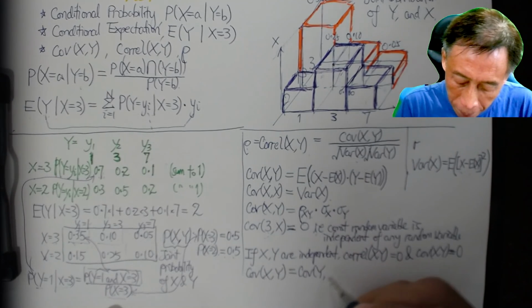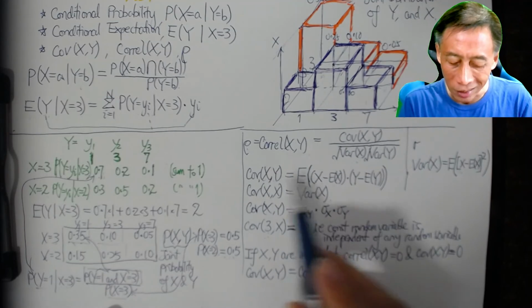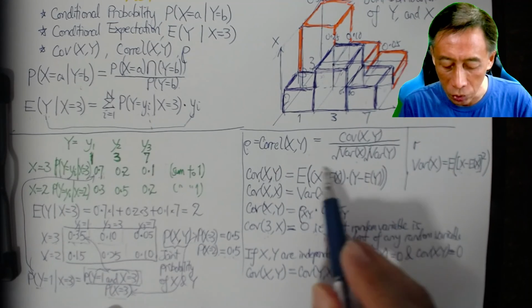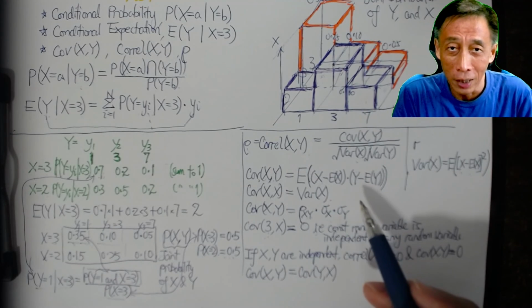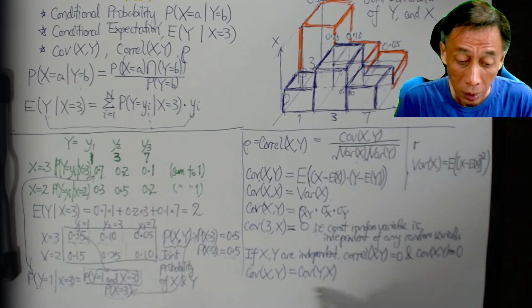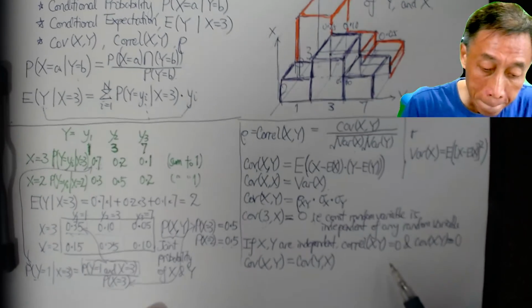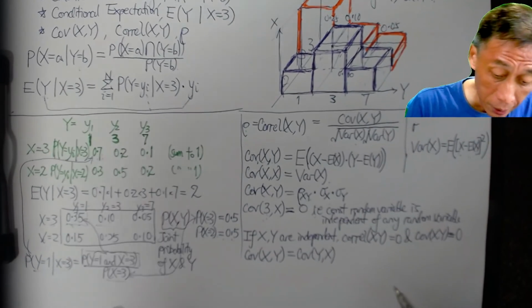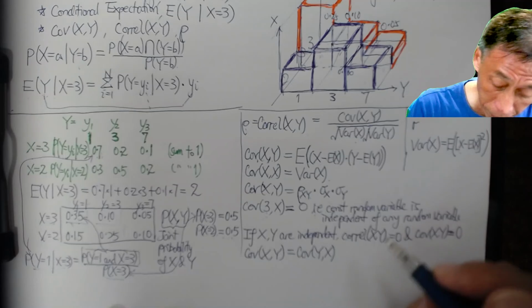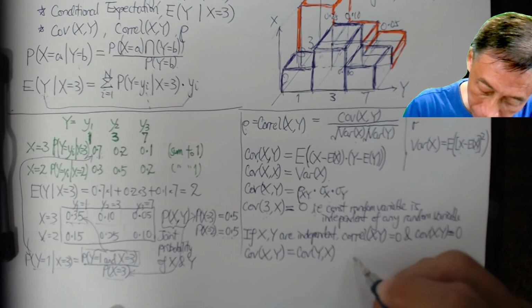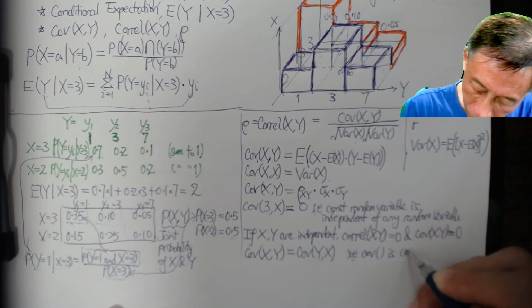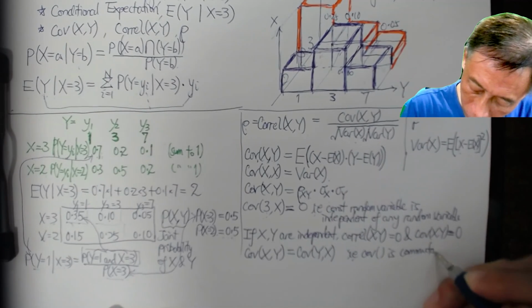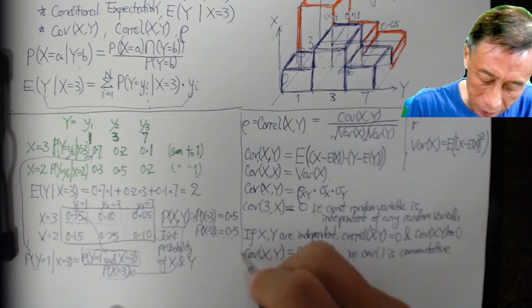If you swap them, if you look at the definition, it's like you swap these two. You don't talk about x first, you talk about y first. So no effect at all. The answer is the same. So it is commutative. That means if you swap them, the answer is the same.